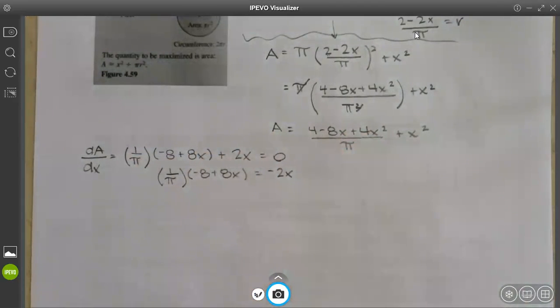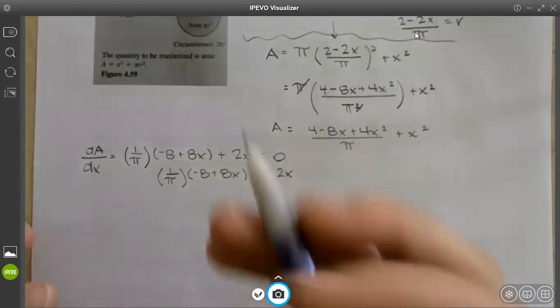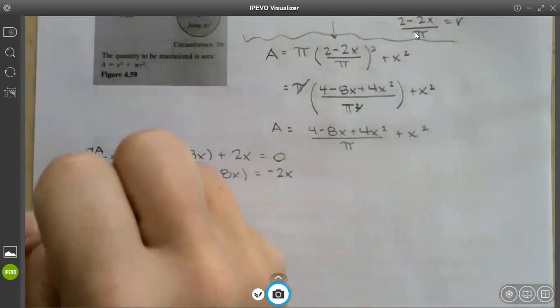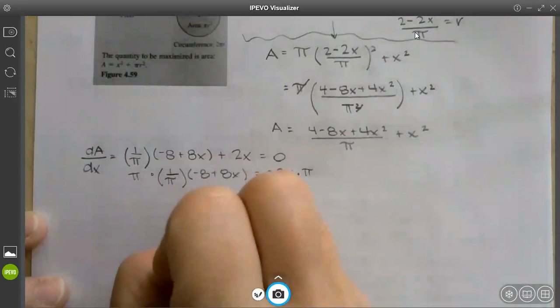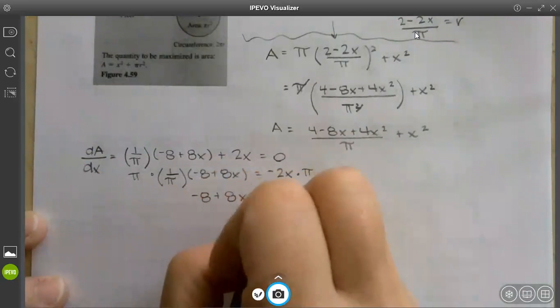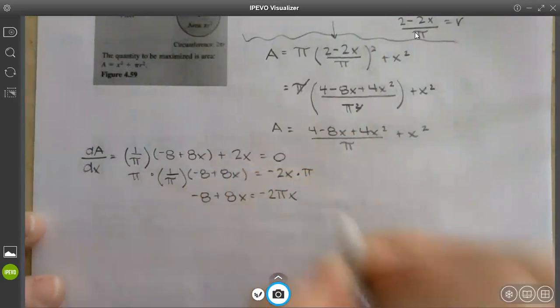Or just multiply by pi. So I get -8 plus 8x equals -2 pi x.